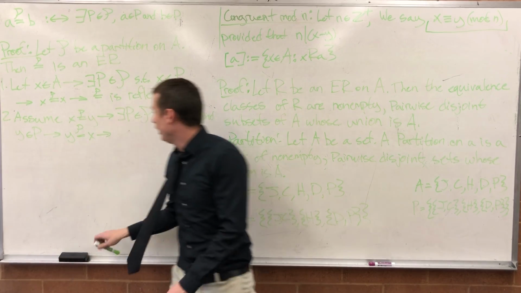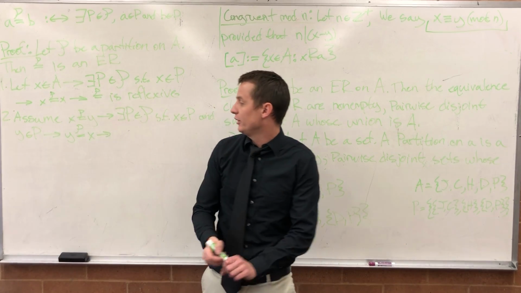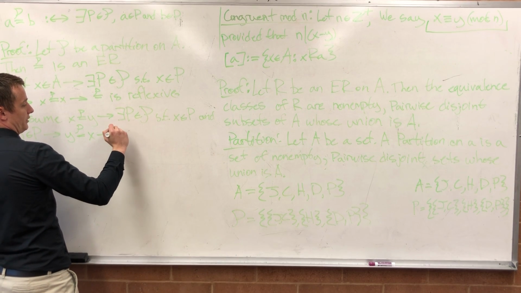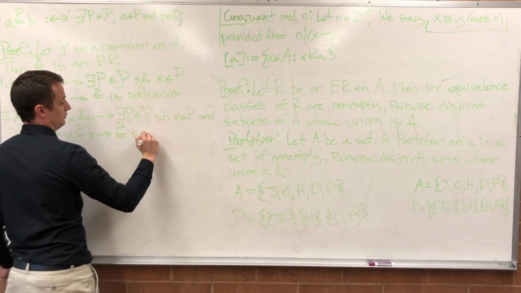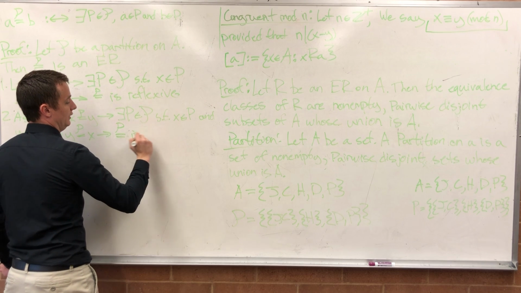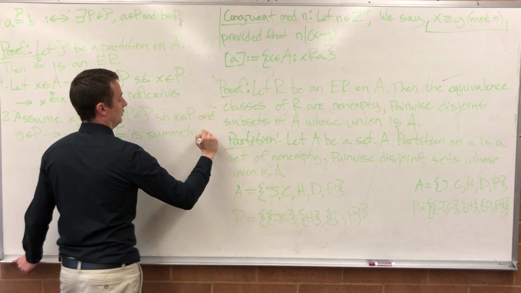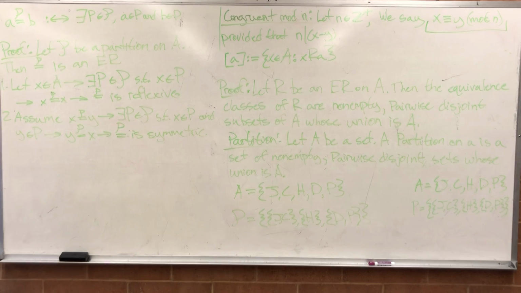That's it. Okay. Anyways, so they're in the same part, which tells us that the relation is what? Symmetric. Okay. So we show it's symmetric. Now we need to show it's transitive.